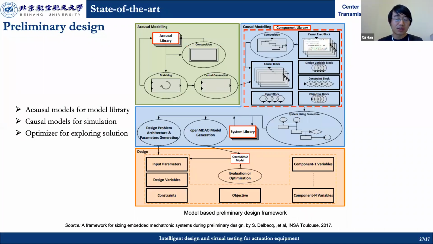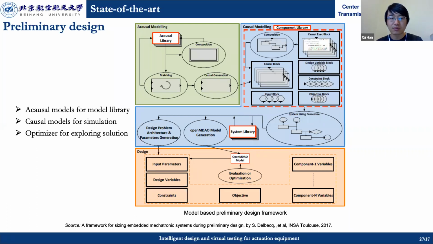So for the preliminary design, we should first build a model library, and the models are all component models which can constitute the actuators. After we have this model library, we can build the entire actuator model, which is called causal modeling. So the method is just similar to the physical assembly of the actuator.